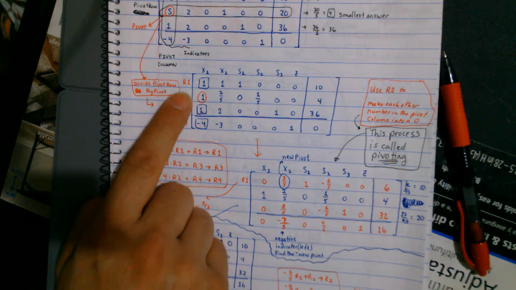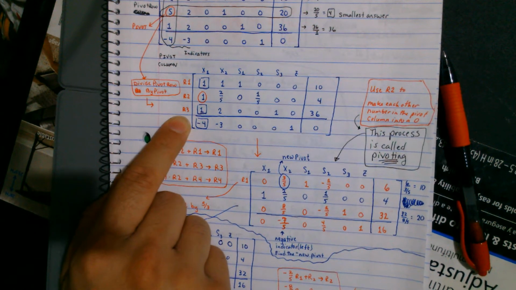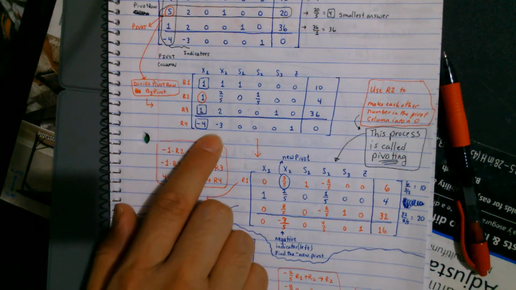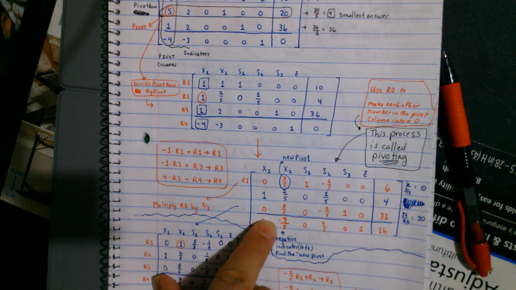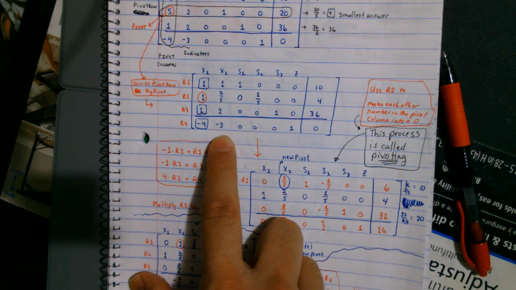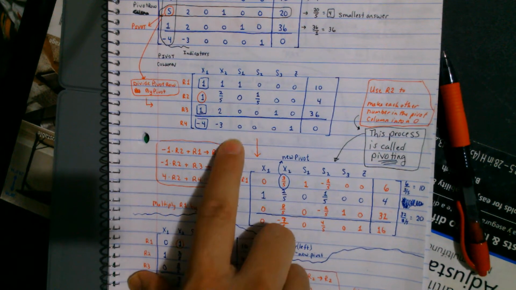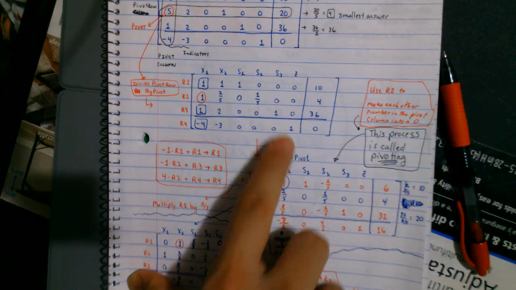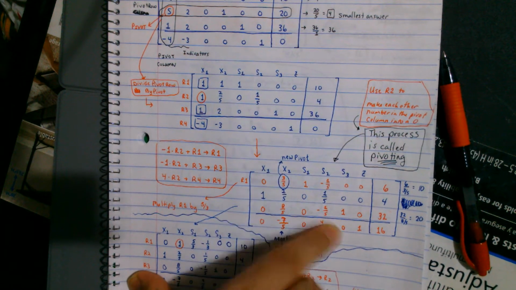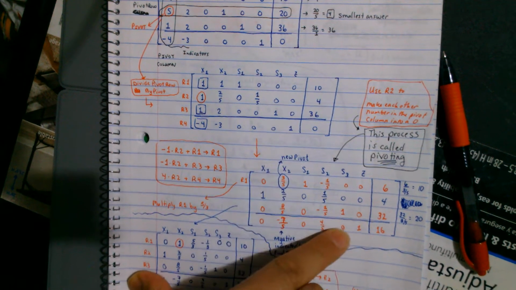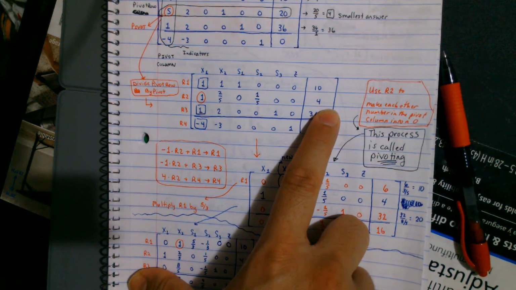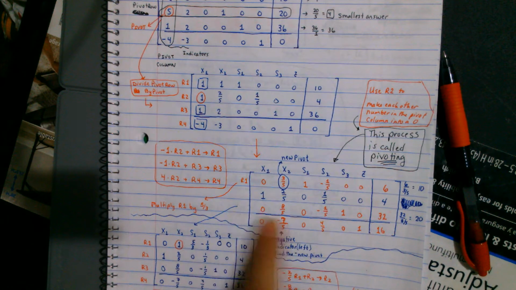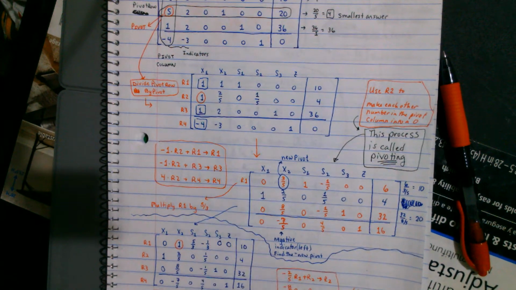So +4 times 1 is +4, -4 is 0. 4 times 2/5 is 8/5. -3 becomes -7/5 because 3 is 15/5. 4 times 0 is 0, plus 0 is still 0. 4 times 1/5 is 4/5, plus 0 is 4/5. 4 times 0 is 0, plus 0 is 0. 4 times 0 is 0, plus 1 is 1. 4 times 4 is 16, plus 0 is still 16. So this process that we got zeros here, that was called pivoting.